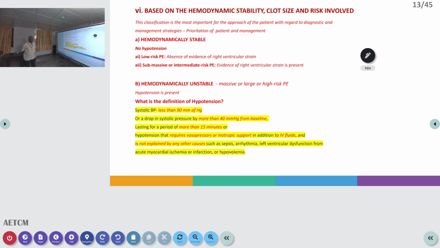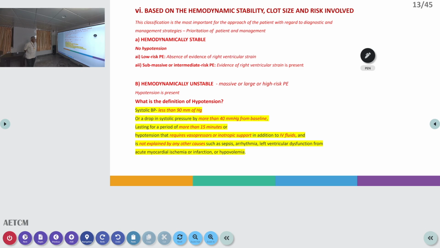The definition of this hypotension is either systolic BP less than 90 millimeters of mercury, or a drop of systolic blood pressure from the original baseline by more than 40 millimeters of mercury, persisting for 15 minutes or more, with or without treatment.